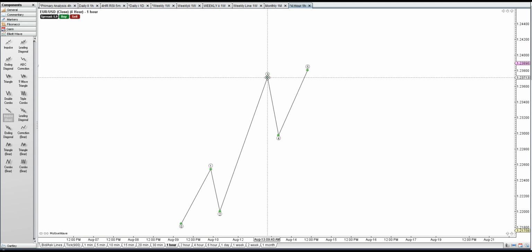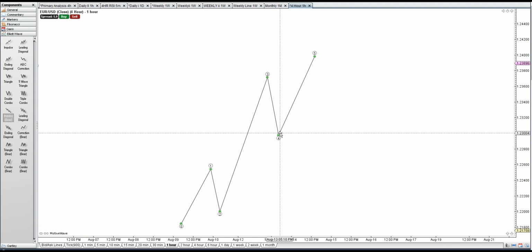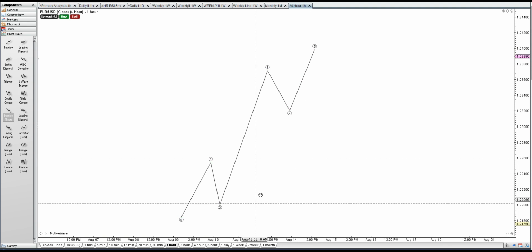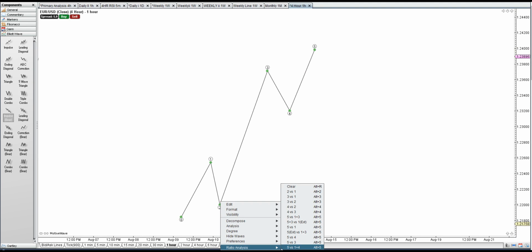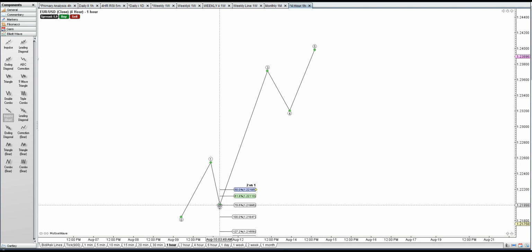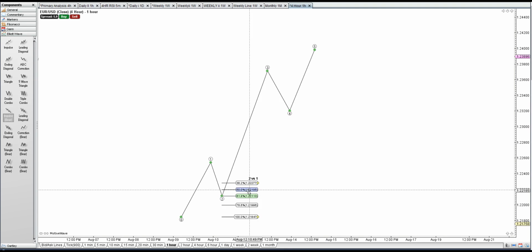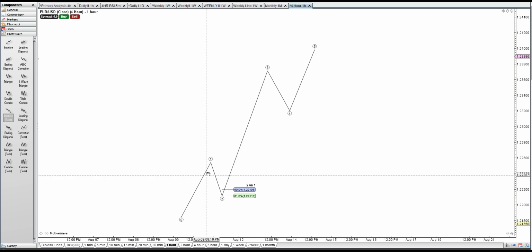Wave 2 is usually, the most common retracement for wave 2 is 50 to 61.8% of wave 1.